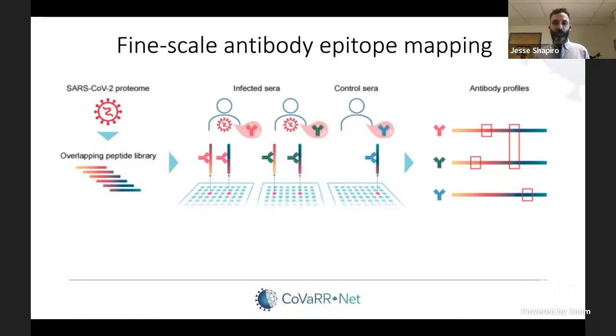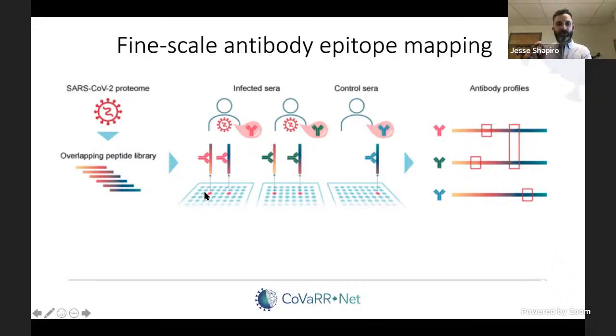So they're looking for what parts of the SARS-CoV-2 proteome, so all the proteins that it encodes, are targeted by the human immune system, meaning are targeted by antibodies. This is using a peptide array, a synthetic array, where they have a peptide library printed on a chip.